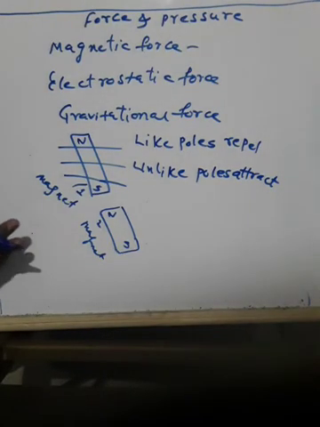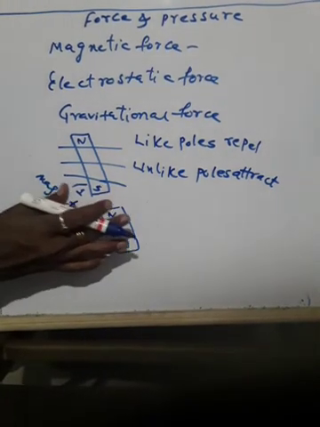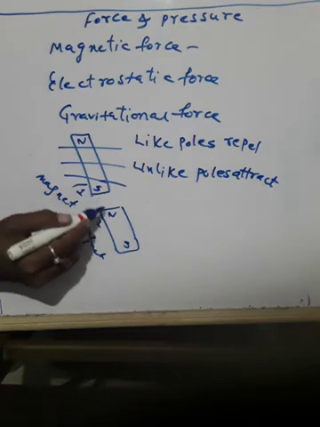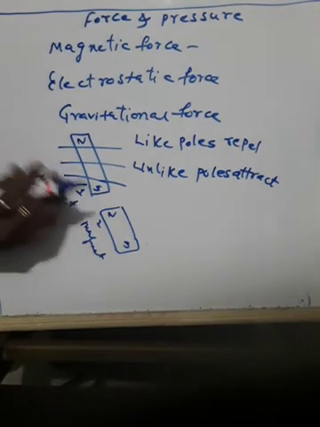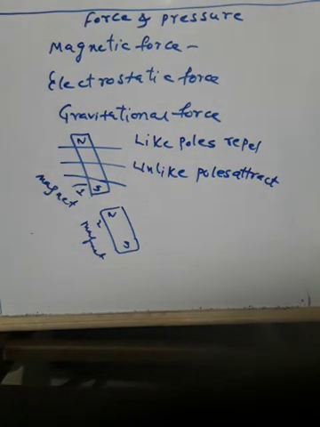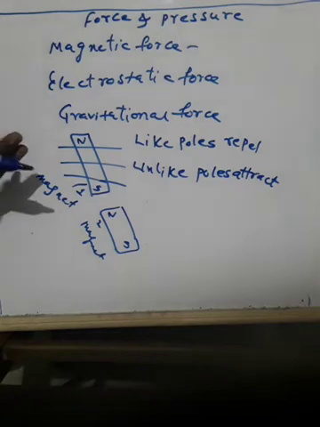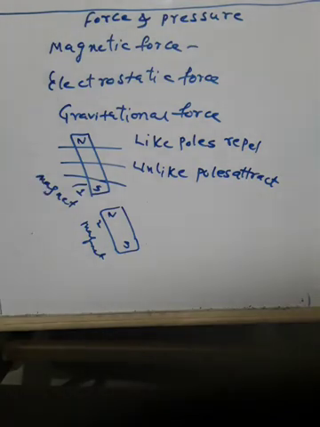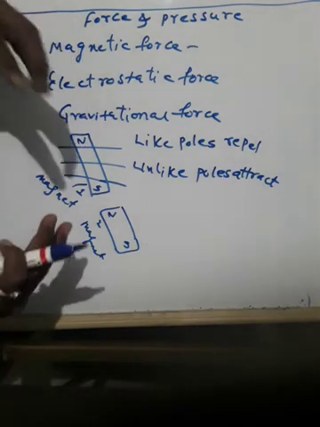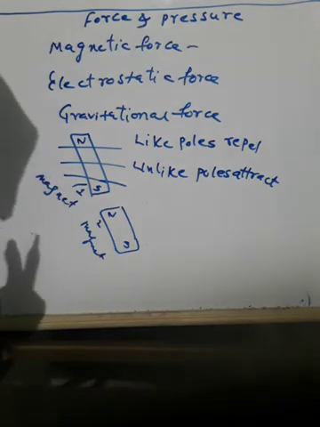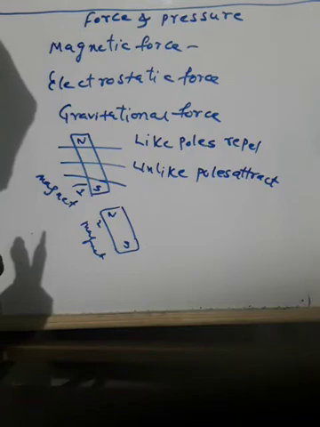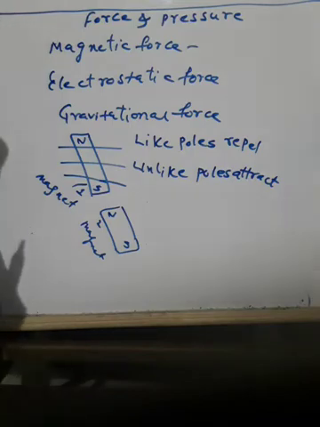Here, if there is north and north facing each other, then there will be no attraction, because there is repulsion. So attraction or repulsion between objects can also be seen as another form of push or pull. Suppose you bring two magnets near, even though there is a distance, after some time they will attract each other because of opposite poles.